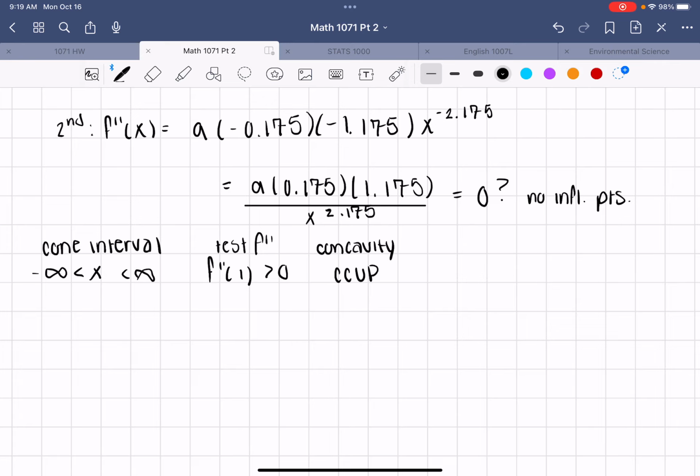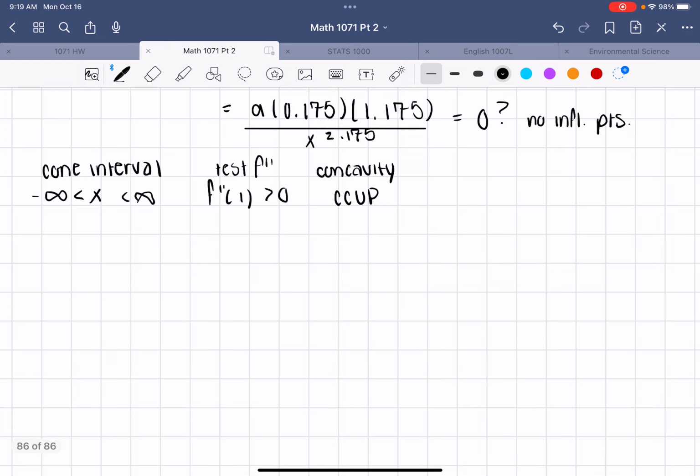x to the 0.175 is equal to 1 over a. And so x would be, can't do that with a calculator.